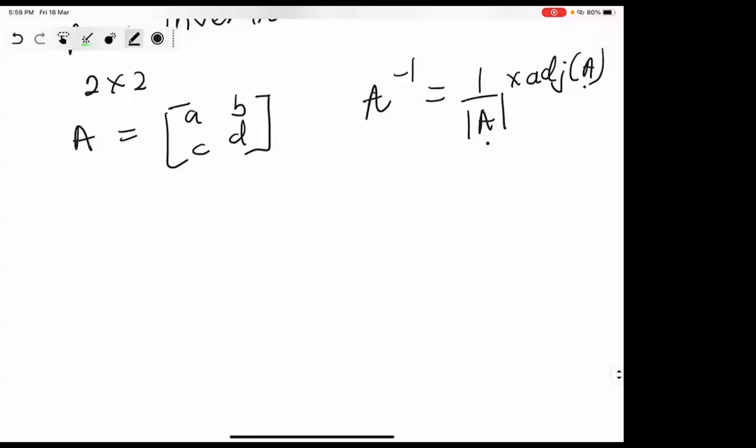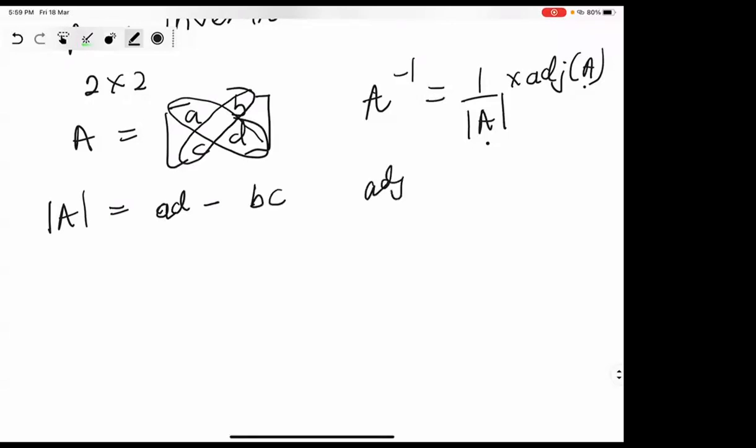All right, so for a 2 by 2 matrix, the determinant of A is given by the product of members on the leading diagonal, ad, minus the product of members on the other diagonal, bc. The adjoint of a 2 by 2 matrix is simply swapping the positions of members on the leading diagonal.